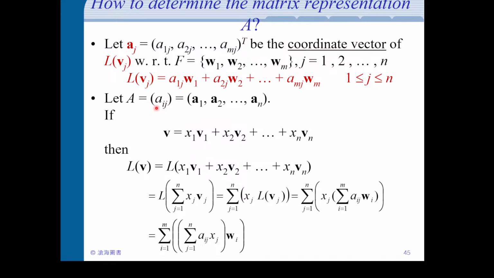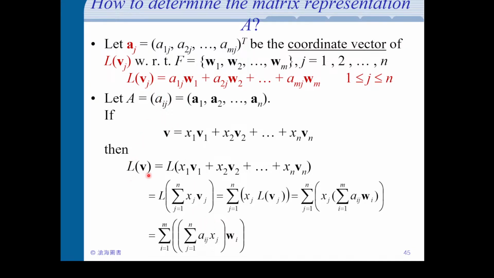Then we write our A. A, as we say, is listing all those A_j as columns. So A is A_1, A_2 to A_n. And we'll calculate L of V and see that it actually works out as our A thing.